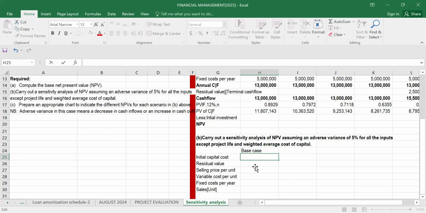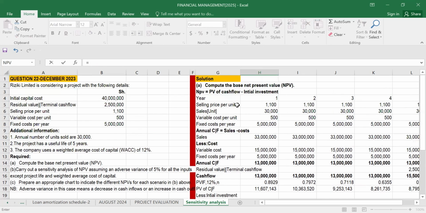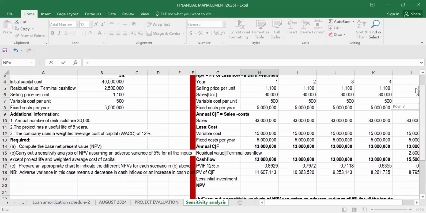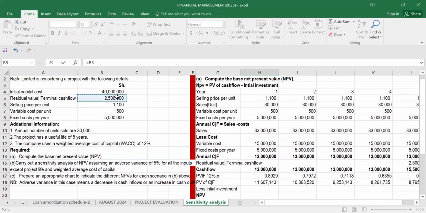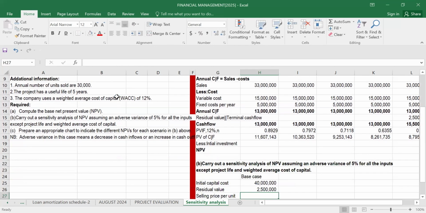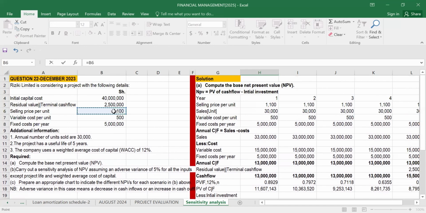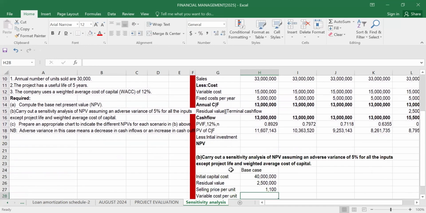So the initial cost or the initial investment here is 40 million. The residual value under the base case is 2.5. Then we have the selling price per unit. Selling price per unit here is 1100. And then we have the variable cost.